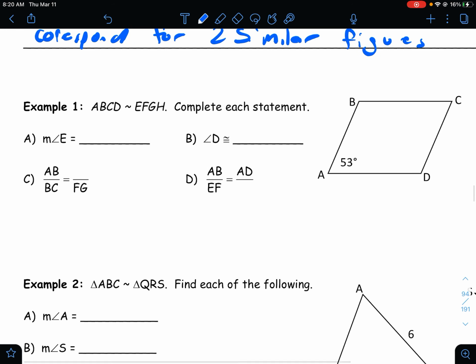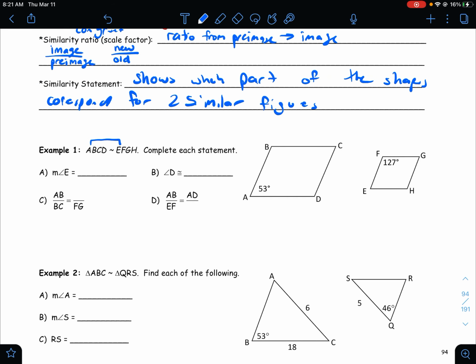First, they want to know the measure of angle E. Angle E is in the same spot as angle A. We know that angle A is 53, and if they're both in the first location, they're going to have to be congruent. So A and E are congruent, and if A is 53, E has to be 53.